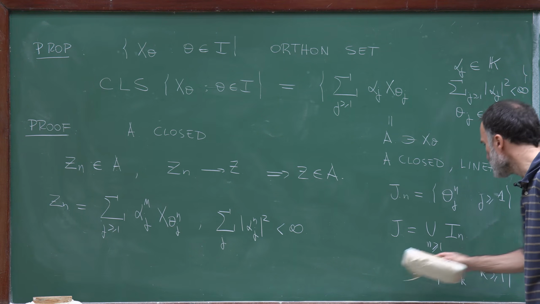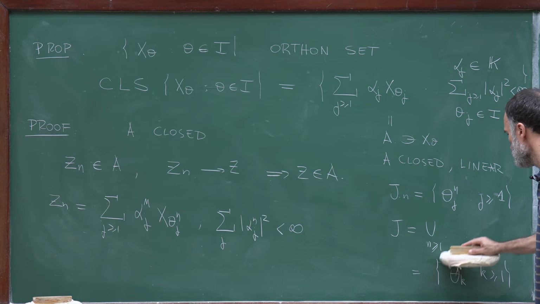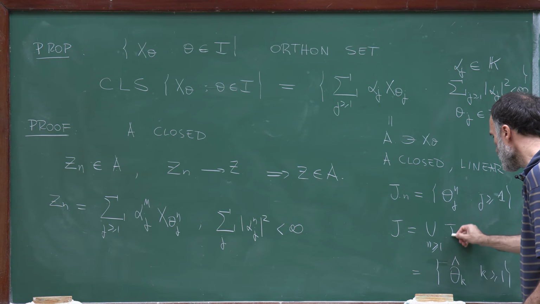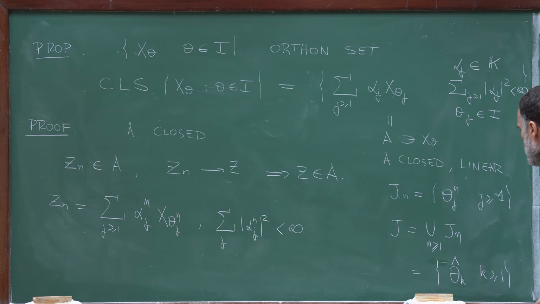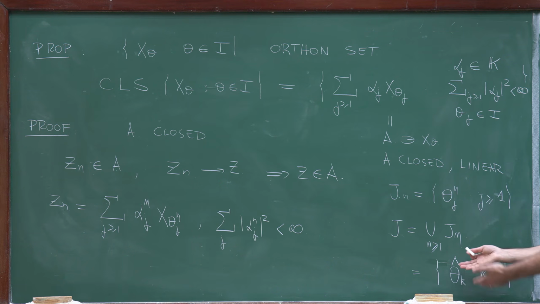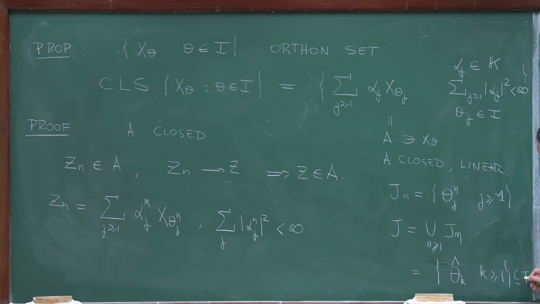J will be the union of the Jn. This is, of course, a countable set because it's a countable union of countable sets. And now this is a countable family, which I'm representing by that. So J is a subset of I, which is countable.